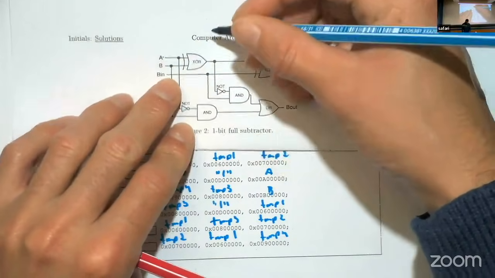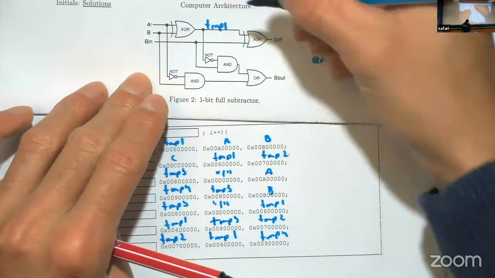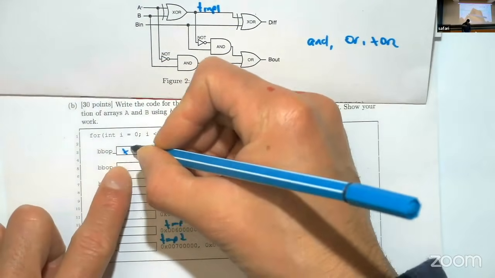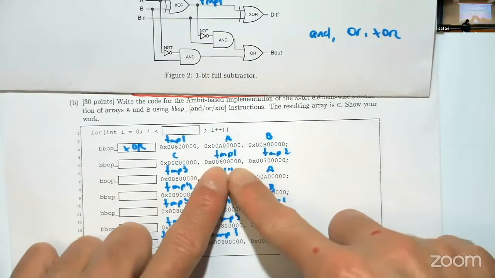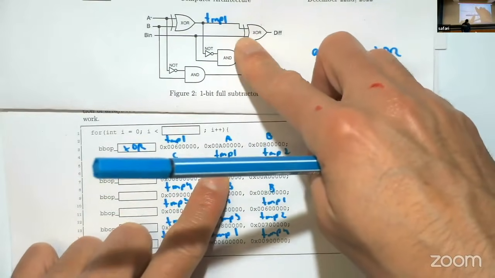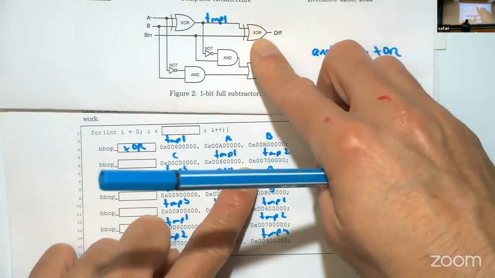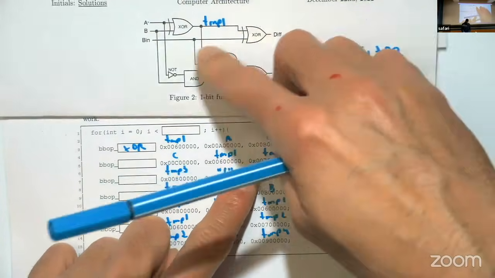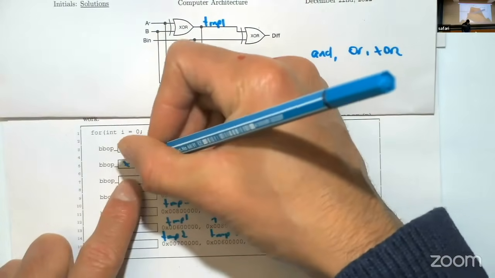A, B giving output. So the output here is going to be temp 1. And this is a XOR. So you just need to put XOR here. And then this is temp 1, which I wrote here, with temp 2. Temp 2, you can consider that is the carry in here. So this is another XOR.